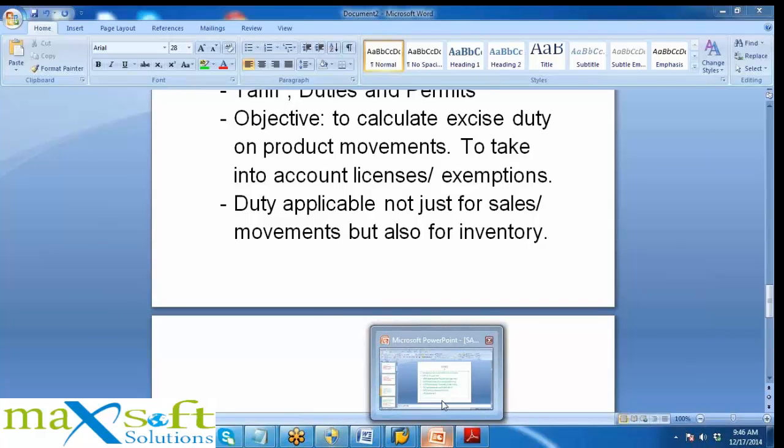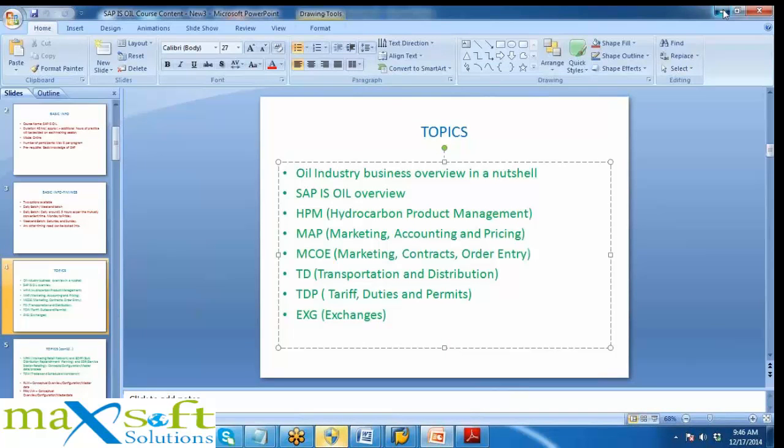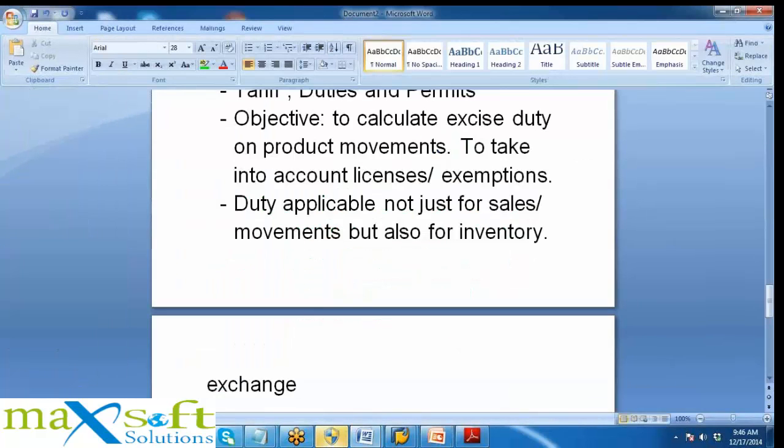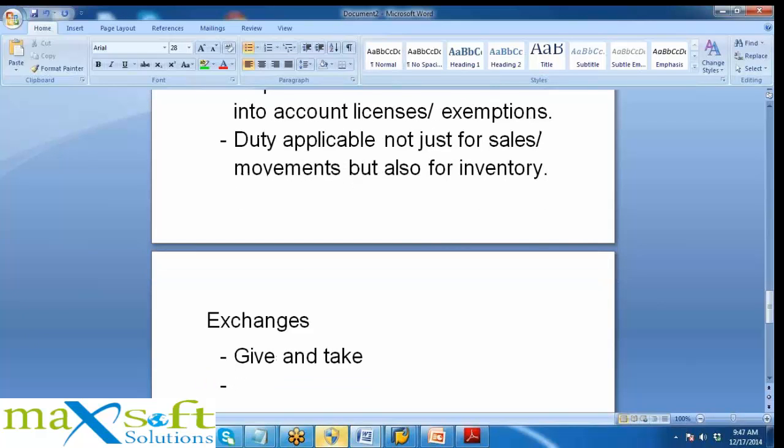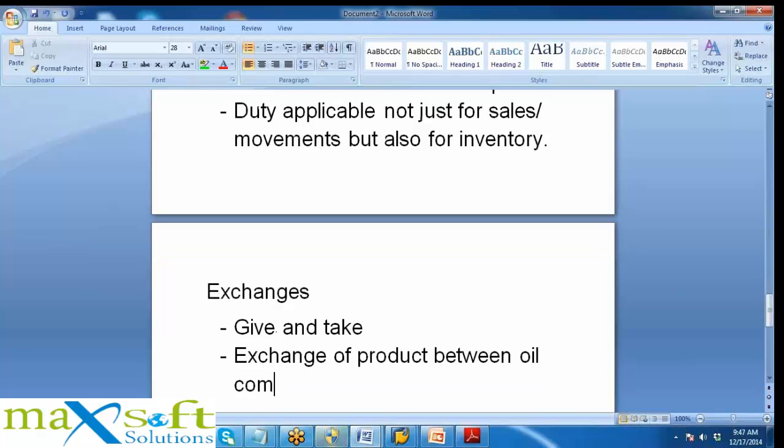The next topic is exchanges. Give and take, with your product, between oil companies.